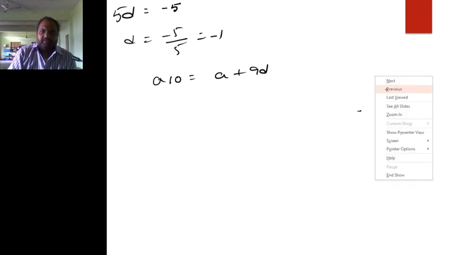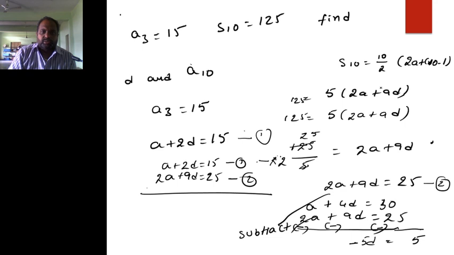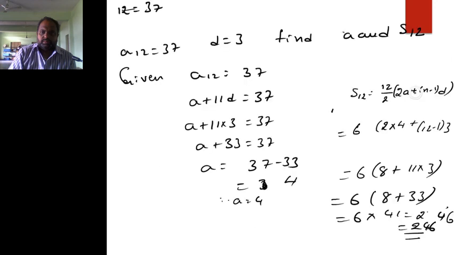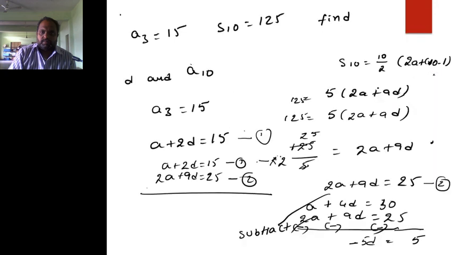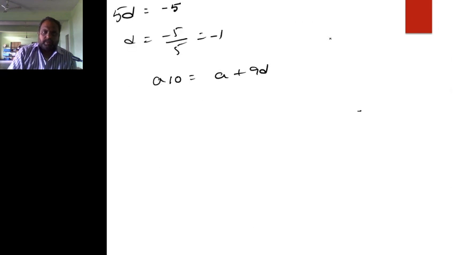We know the value of D, so substitute D equal to minus 1 in the first equation.